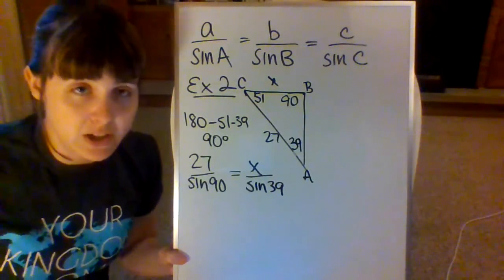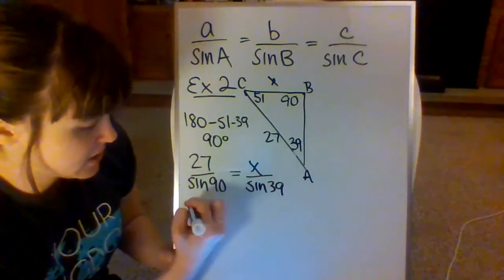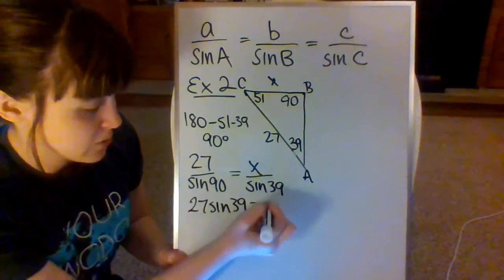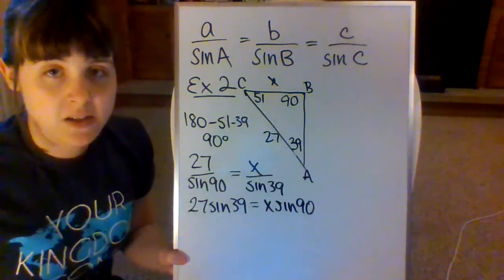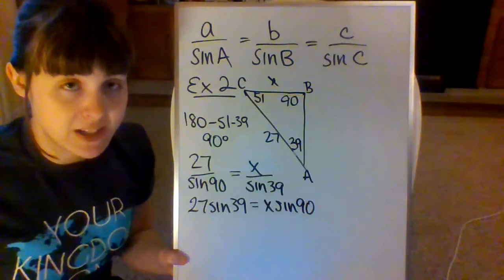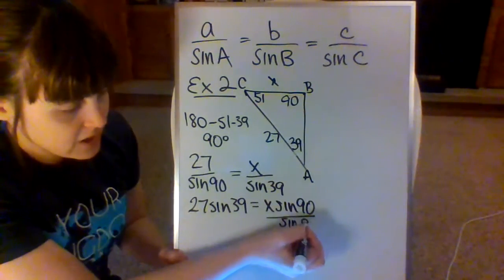Now we're going to cross multiply. So we're going to have 27 sine 39 equals x sine 90. And then like last problem, we're going to divide by sine 90 on both sides to get x by itself.